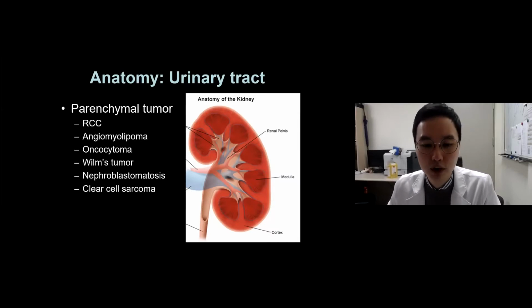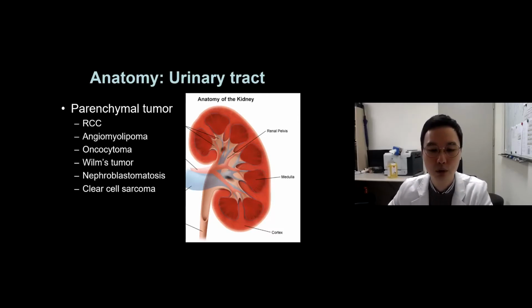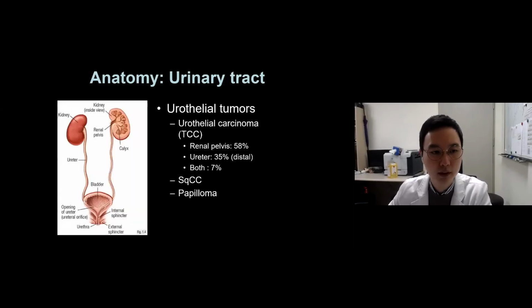The most common benign tumor in the renal parenchyma is angiomyolipoma, followed by oncocytoma. And when we go down, there are other distinct features which we call urothelial tumors. The most abundant type is urothelial carcinoma, which is also known as transitional cell carcinoma.